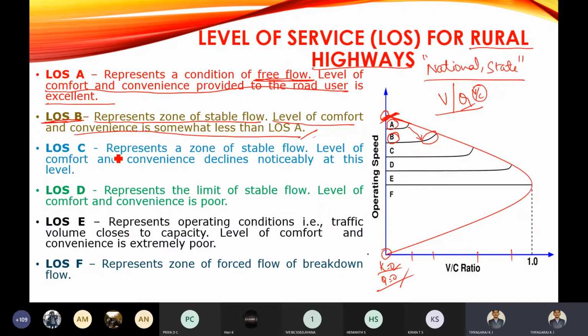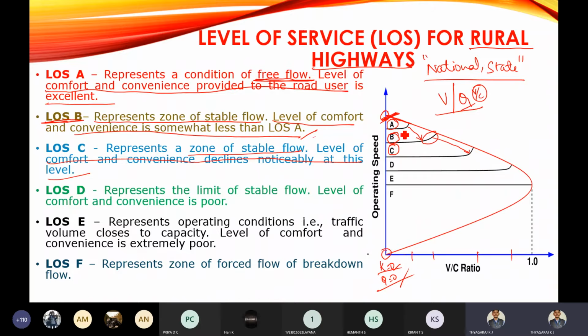Then comes level of service C, which represents a zone of stable flow. So B and C represent the zone of stable flow, and the level of comfort and convenience declines noticeably at this level. You can see here there is a huge gap between B and C. There is a sudden decline in the comfort and convenience when more vehicles are added to the road.